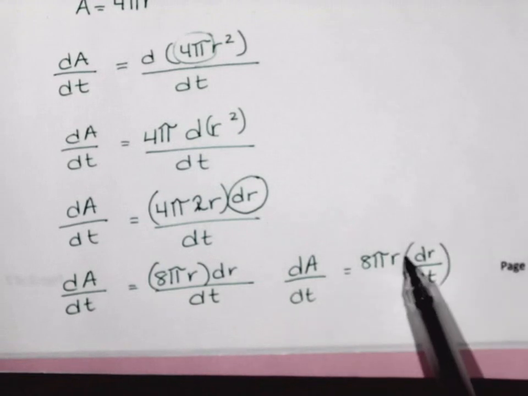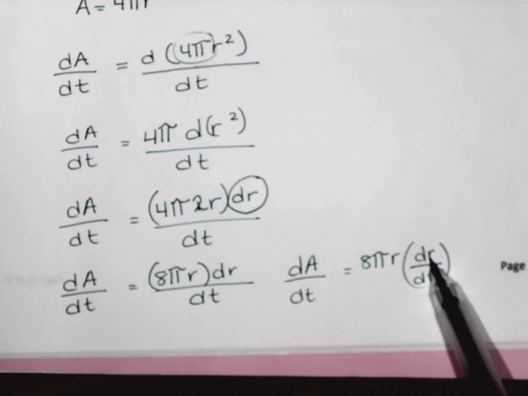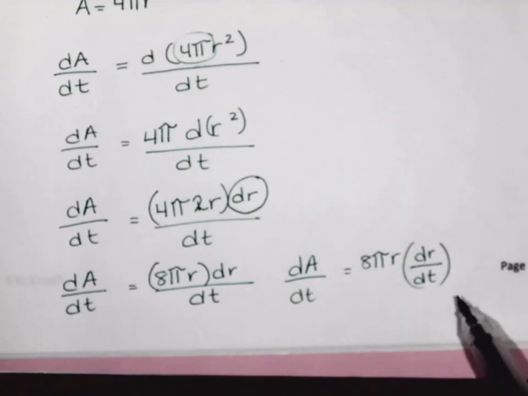So what we've done is we've differentiated this with respect to r in relation to time. So this is a derivative with respect to time, not radius. So it's very different how we deal with it, and sometimes that becomes a little odd.